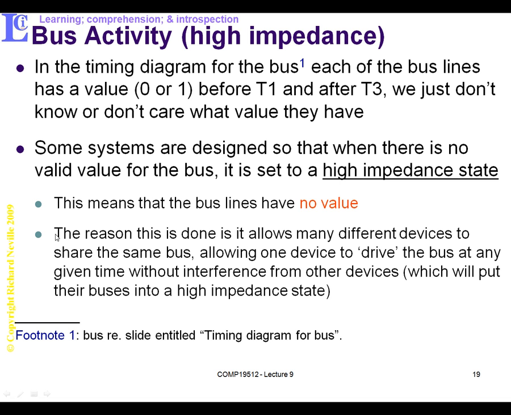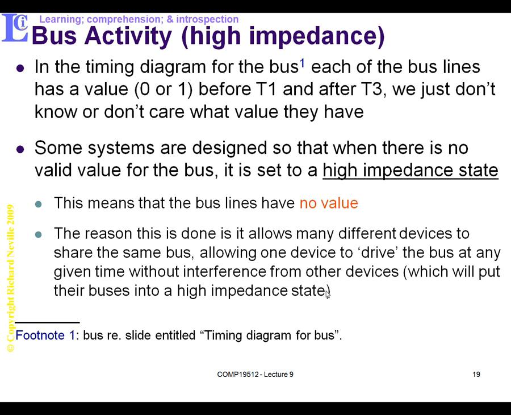Now let's just read out why this is done and a rationale for this to be explicit for this course. And I'm going to read this paragraph here. The reason this is done is to allow many different devices to share the same bus, allowing one device to drive the bus at any time without interference from other devices (which will put their buses into a high impedance state). Now what I haven't told you is, normally on the buses there are many devices connected.